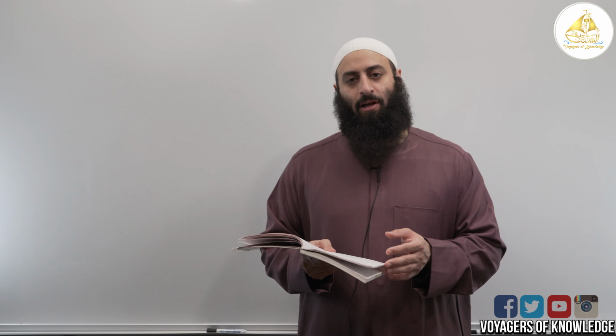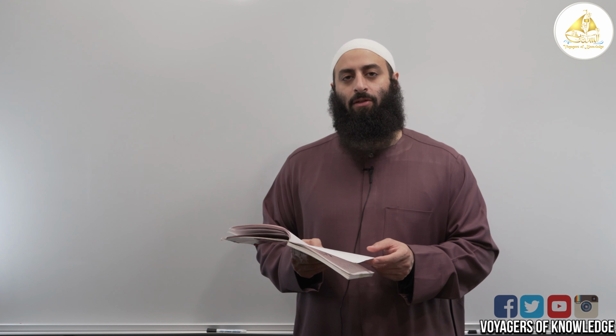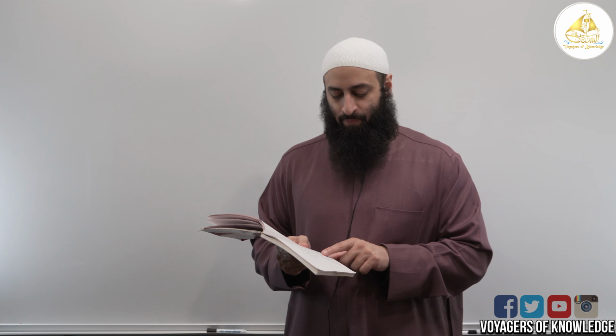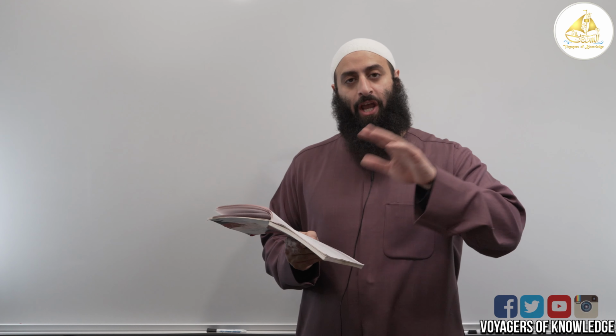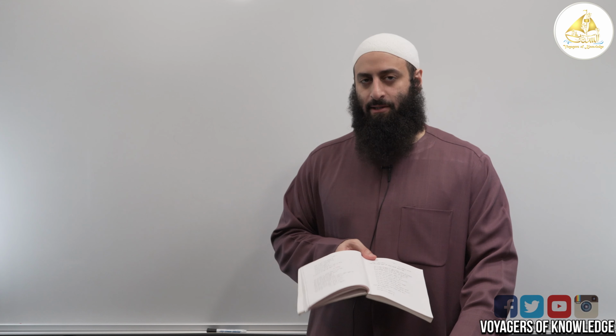Next section, التمرين الثالث. اقرأ المثال الآتي. Read the following example. ثم حول الجمل. Then change the sentences. Change the following sentences مثله. So basically what we're going to do is you're going to start off with two words in the mithal. It says هذا كتاب.